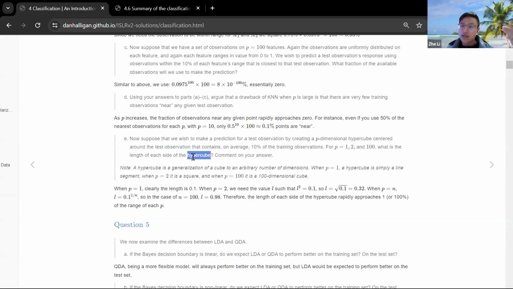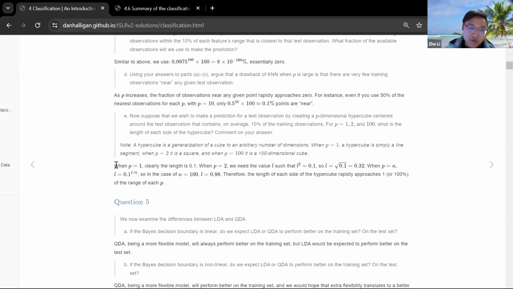We assume it's a hypercube with the same length on each axis. We can just reverse this function, because this function tells us what volume we captured. We can reverse it to get how much length we have to capture in order to capture 10% of the space around this observation.